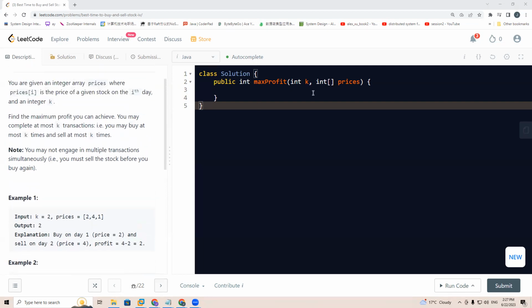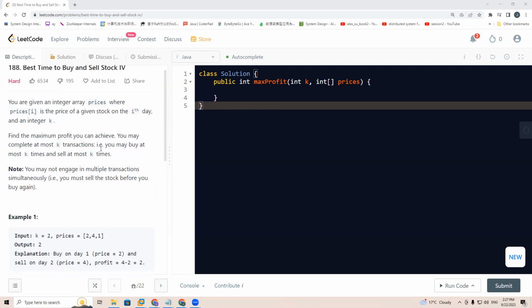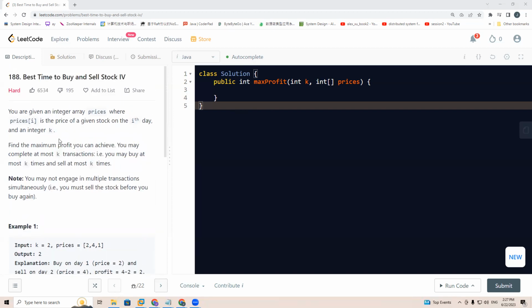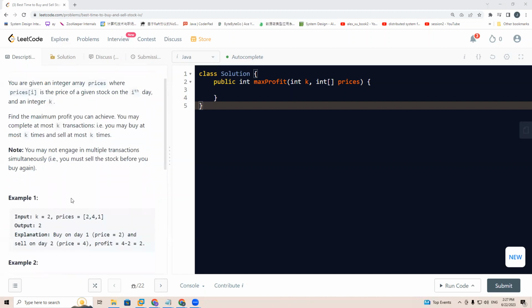We have k and an integer array prices, and you can make at most k buy and sell transactions, and you cannot hold multiple trades. That is, you must sell the stock before you buy again, to get the maximum profit.